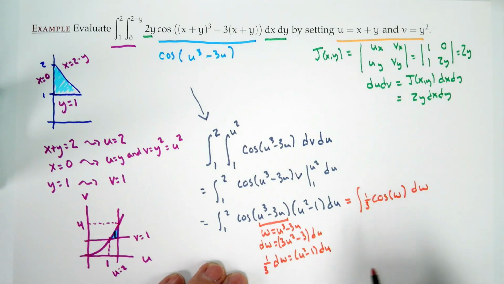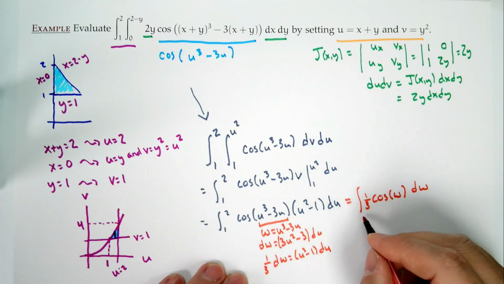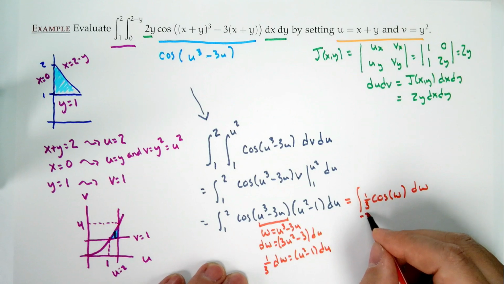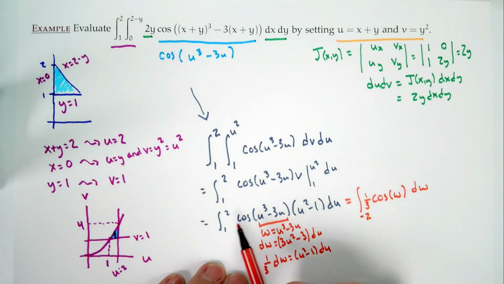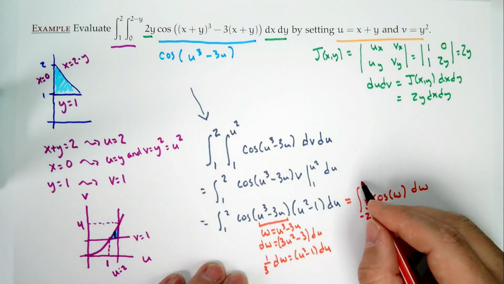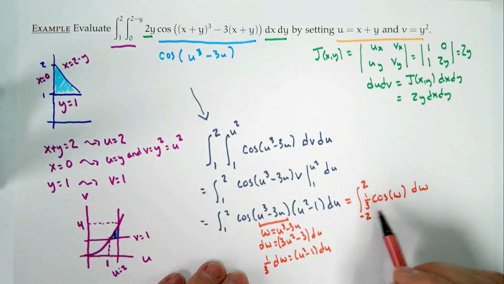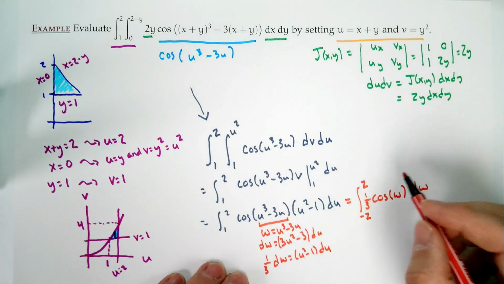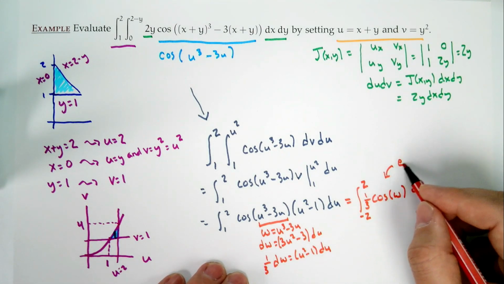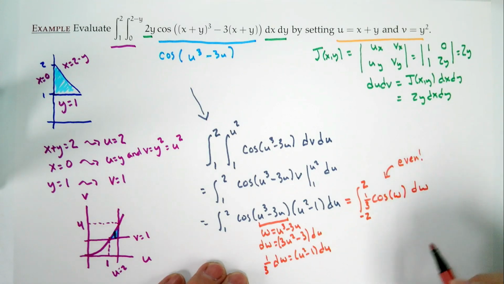Now, where do we evaluate from? Well, from 1 to 2. Plug in 1. We get 1 minus 3. 1 minus 3 is negative 2. Now plug in 2. We're going to get 8 minus 6. Well, that's 2. So negative 2 to 2, 1/3 cosine w. Now notice, cosine w is an even function. What does that mean?